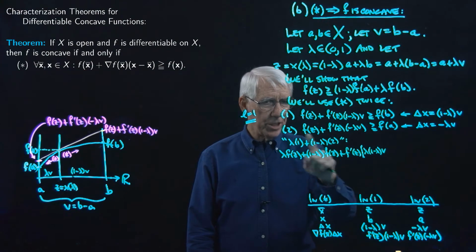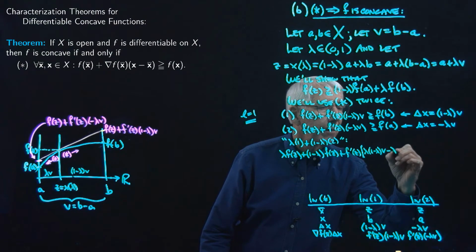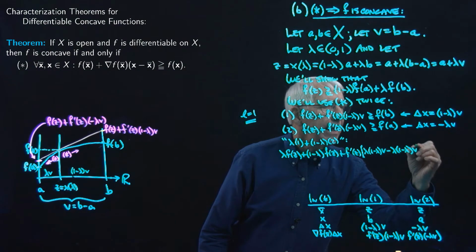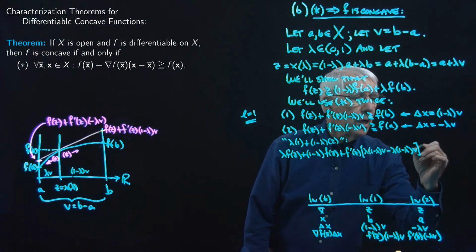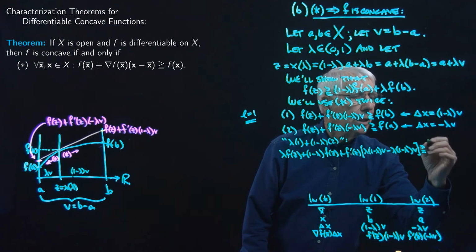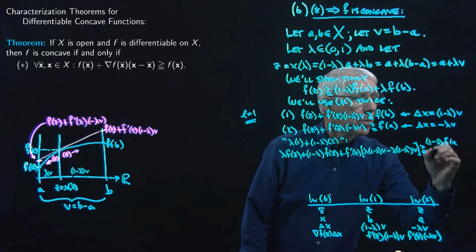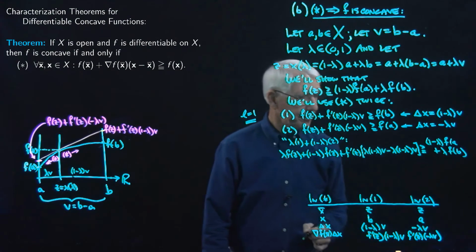Now I'm going to add this part, which is 1 minus lambda times minus lambda v. So I have minus lambda 1 minus lambda times v. And now on the right-hand side, I have greater than or equal to, and I'm not sure I can squeeze all this in, so I'll write it this way. 1 minus lambda f of a plus lambda f of b.